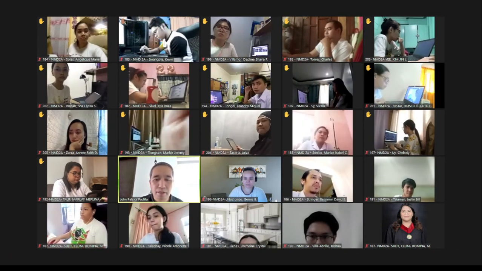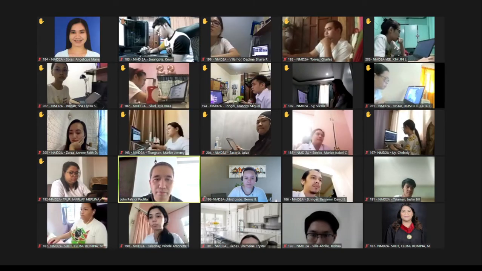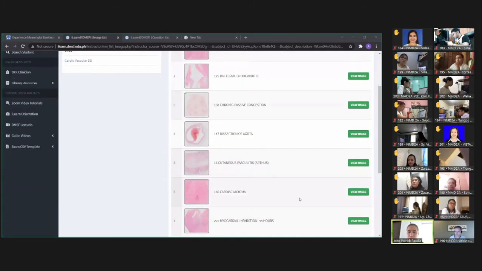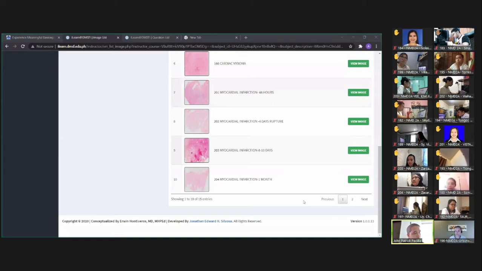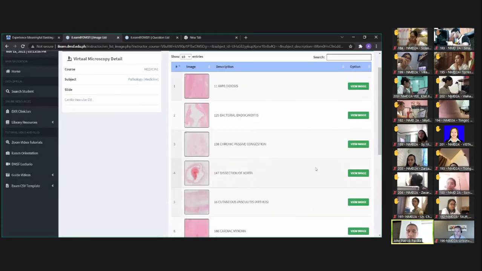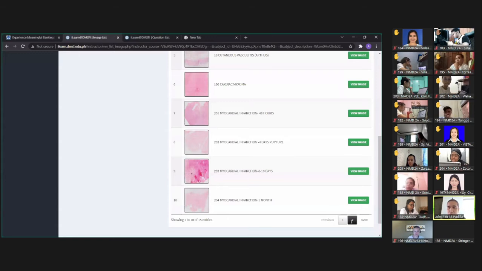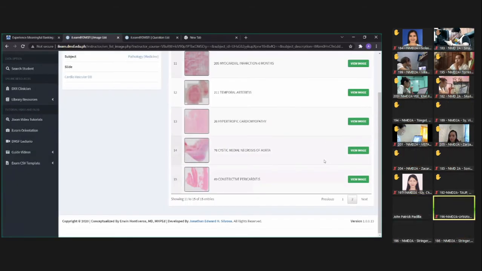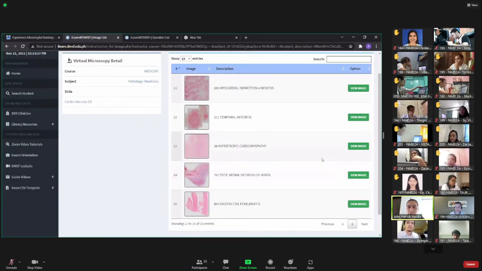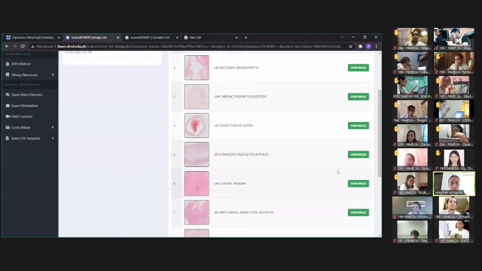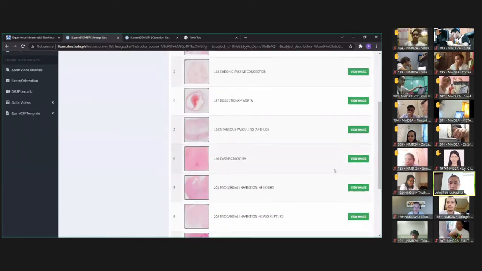Okay. Share screen. So we will start with thrombosis. There's no thrombosis here. We need to add hypersensitivity vasculitis. Also not here. Here, cutaneous vasculitis.